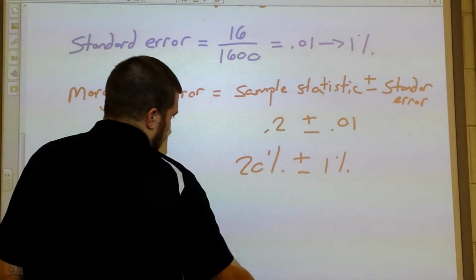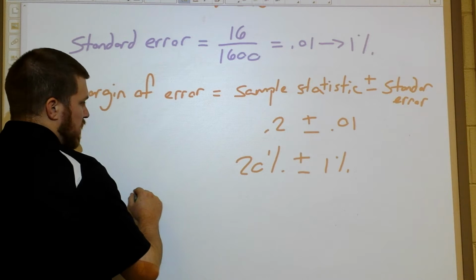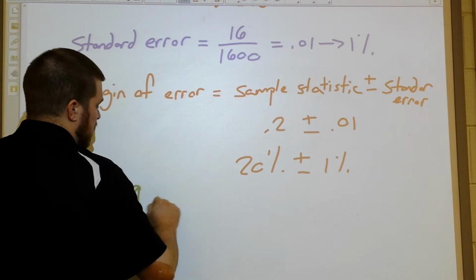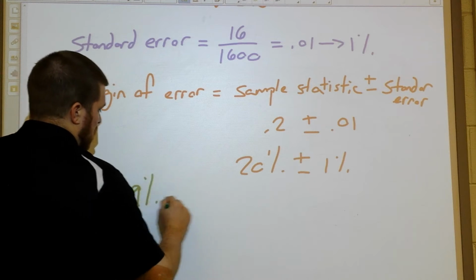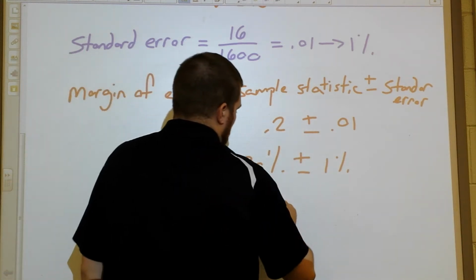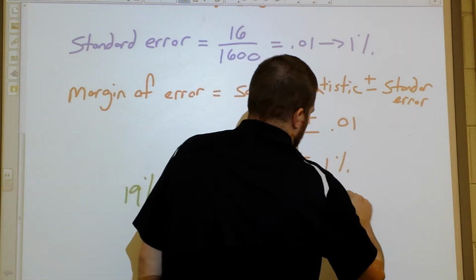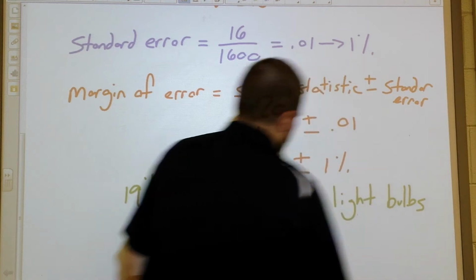So if we want to go even farther, we can say we're fairly certain that between 19% and 21% of all light bulbs are defective.